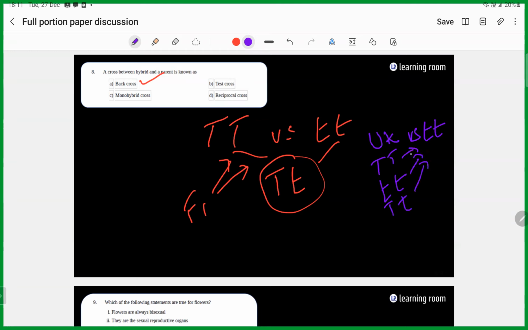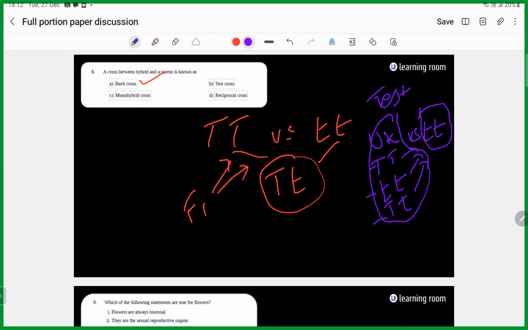Then that is called what? Unknown versus known recessive is called test cross. Sir, if it's non-recessive, how will the first one and the third one come? You don't know the genotype of this plant. For all these combinations, you can work out.